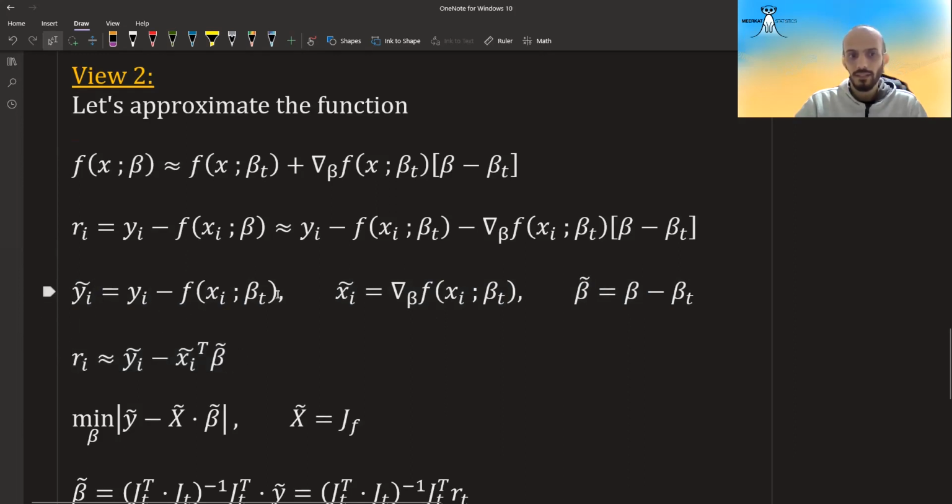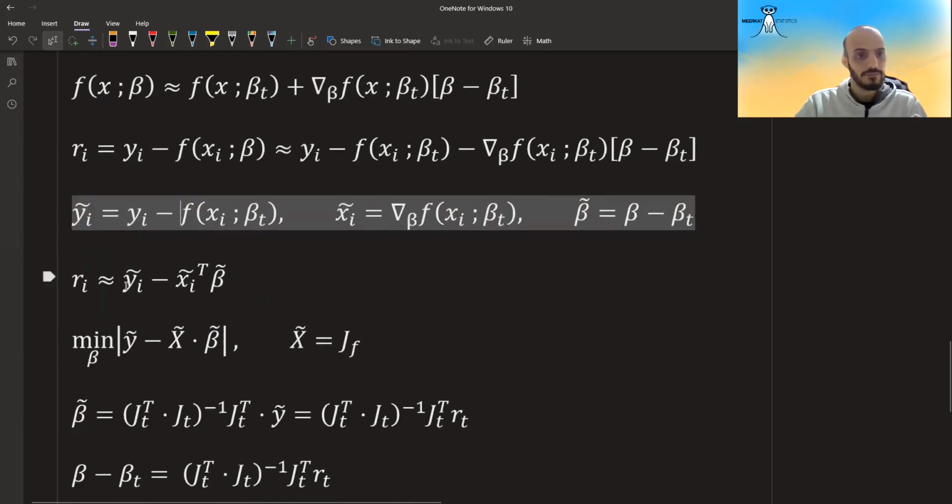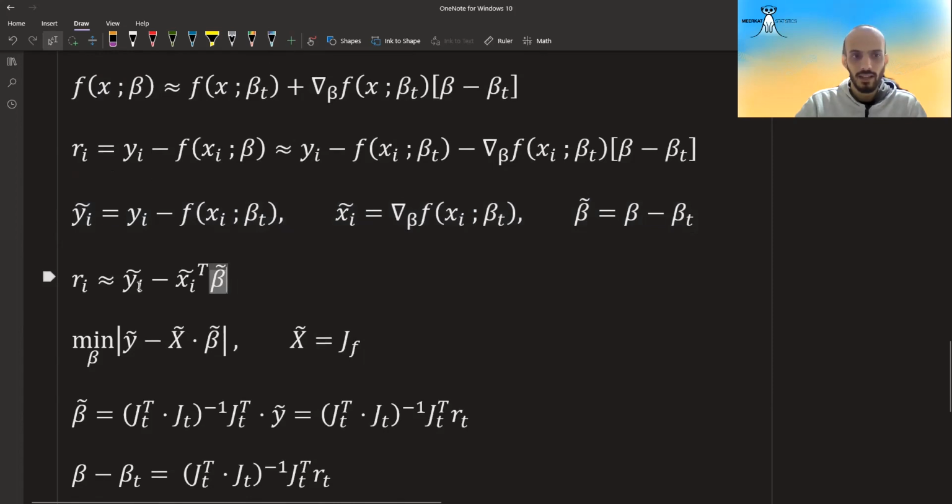Now this is known because at time t, we can calculate this function at time t. So this is just some numbers that are known. The xi's are also known. The betas are what we are trying to find. And what is this expression? Well, this expression is a linear expression. So we want to minimize this approximation of the residuals.